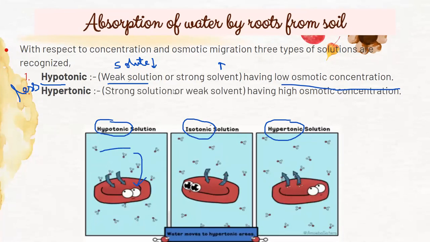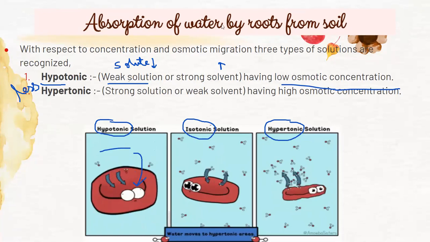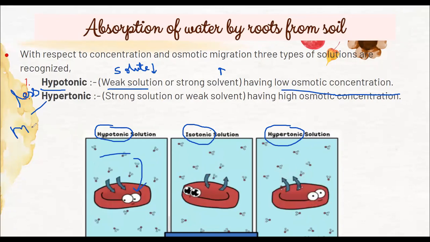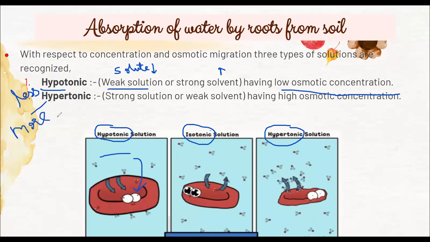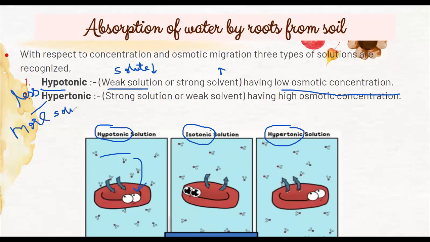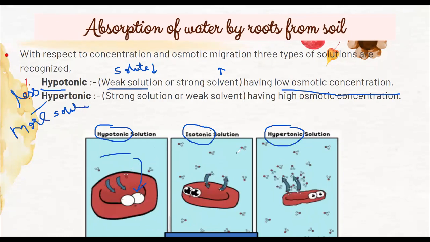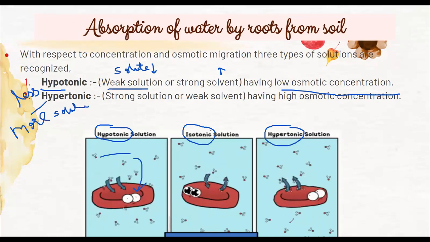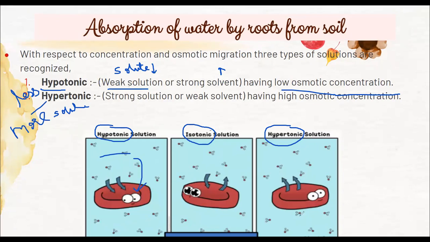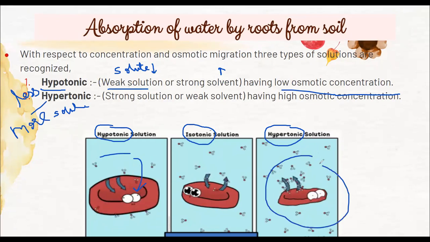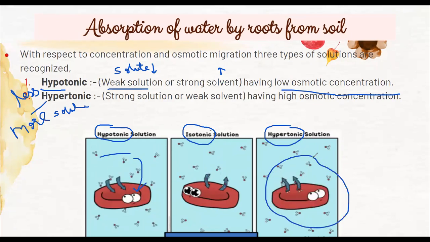Hypertonic means strong solution. Strong solution means opposite of hypo. This is more molecules of solute, as you can see over here. Here molecules of solute are more in the vicinity of the cell, in the surrounding of the cell.